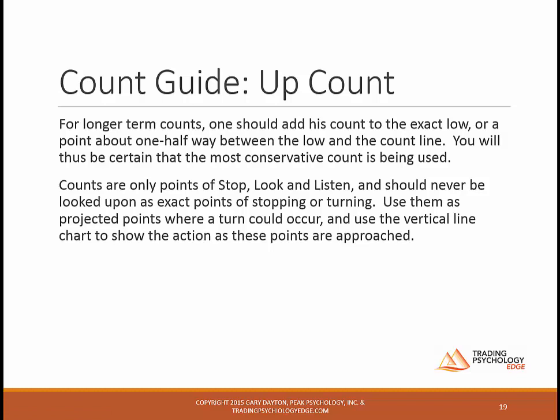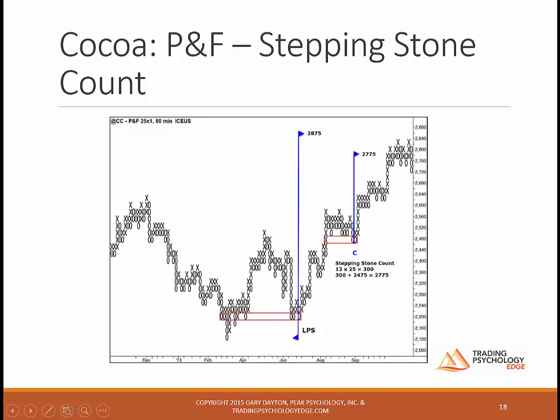He had a few refinements in the technique that are important. He said that for longer term counts, you should add your count to the exact low, which is pretty much what I always do, or a point about halfway between the low and the count line. So here's our count line.